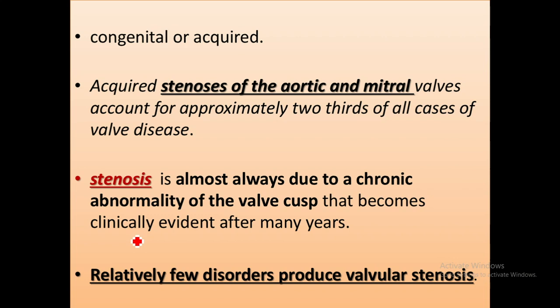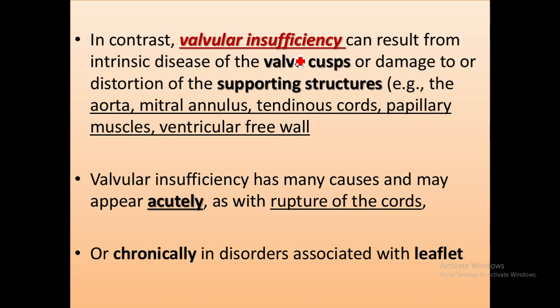Valvular heart diseases can be congenital or acquired. Acquired stenosis of aortic and mitral valve accounts for approximately 2/3 of all cases of valve diseases. Stenosis is almost always due to chronic abnormality of valve cusp that becomes clinically evident after many years, and relatively few disorders cause valvular stenosis, while valvular insufficiency can result from diseases of valve cusp or damage to the supporting structures like aorta, mitral annulus, tendinous cord, papillary muscles, and ventricular free wall.